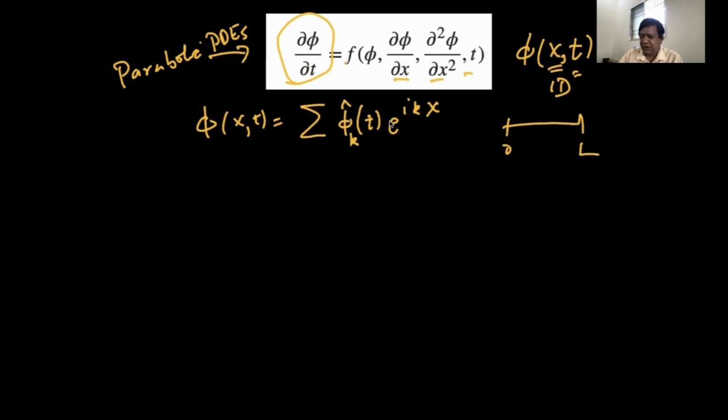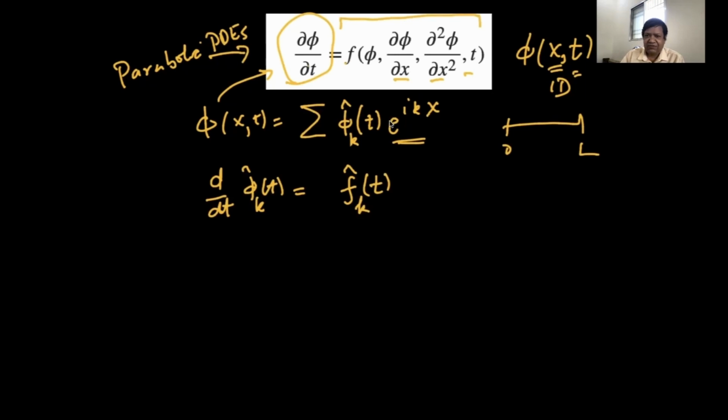Now when we substitute it here, using the fact that e to the power ikx forms a complete basis, we get an equation d by dt of phi k of t, and the right hand side will be some f hat k of t. So it's the Fourier transform of this whole thing. It can be a complex function, but it is the Fourier transform of the right hand side.